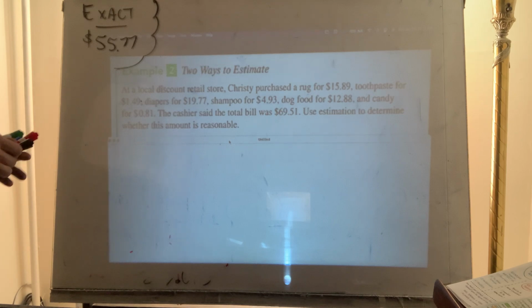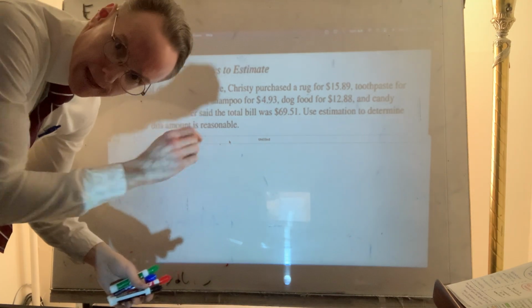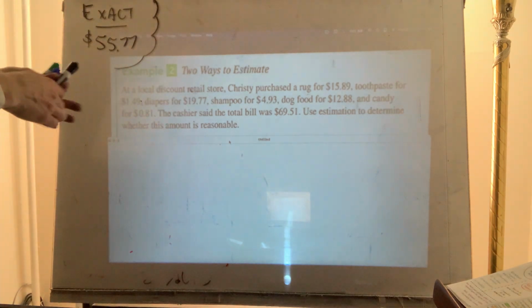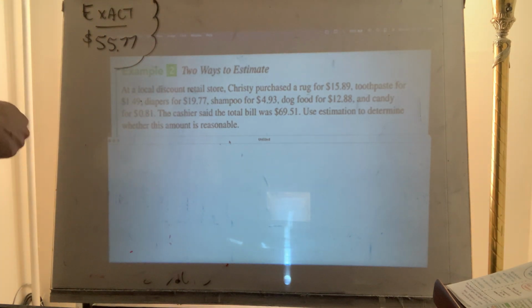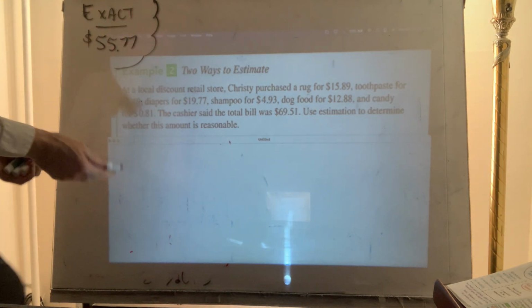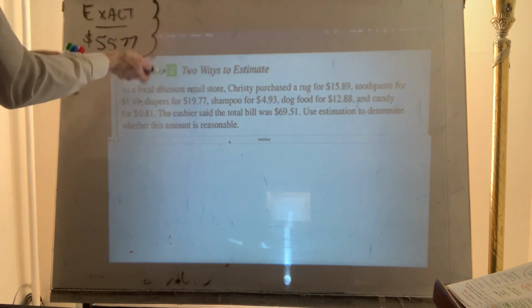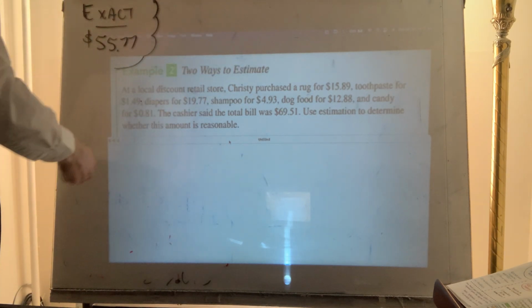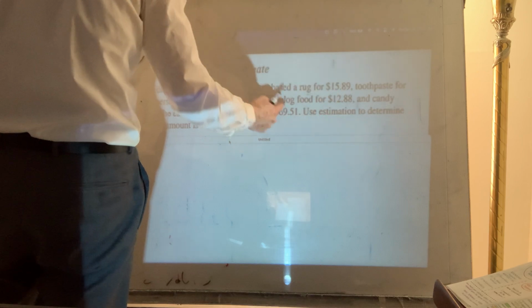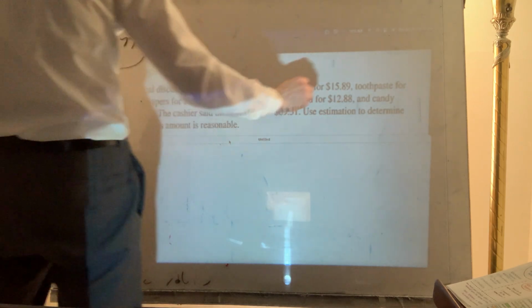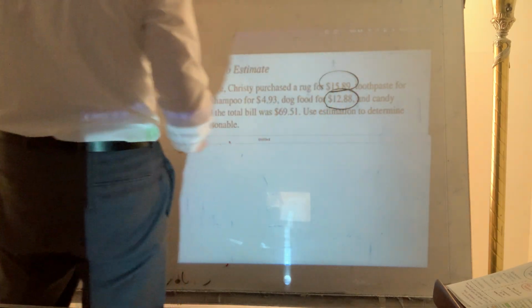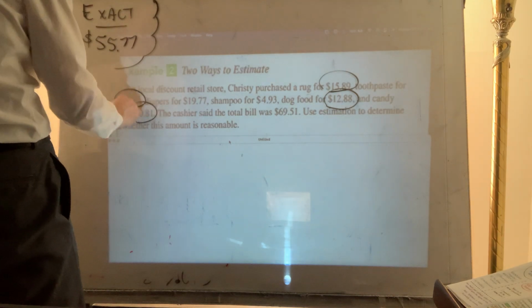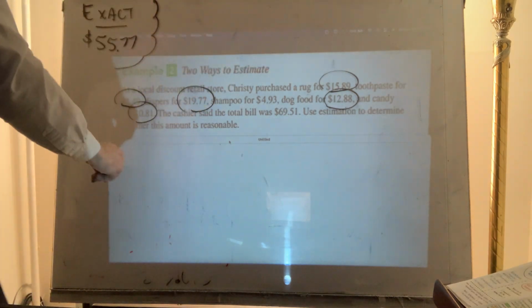Anyhow, because you're not going to sit there and take out a tablet at the cashier's register because you get your head bitten off, what you do is you can just run an estimate in your head, which means that you're going to make nice round numbers out of each of these, right? $15.89, that, $1.49, that, and that.